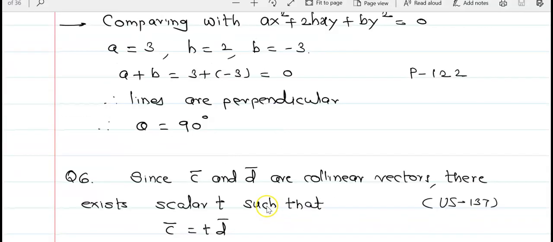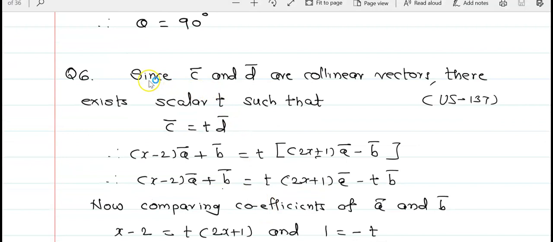Let's see the answer of this question again. Since c bar and d bar are collinear vectors, it is the answer from page number 137. c bar is equal to t into d bar, that is (x minus 2) a bar plus b bar is equal to t times (2x plus 1) a bar minus b bar.